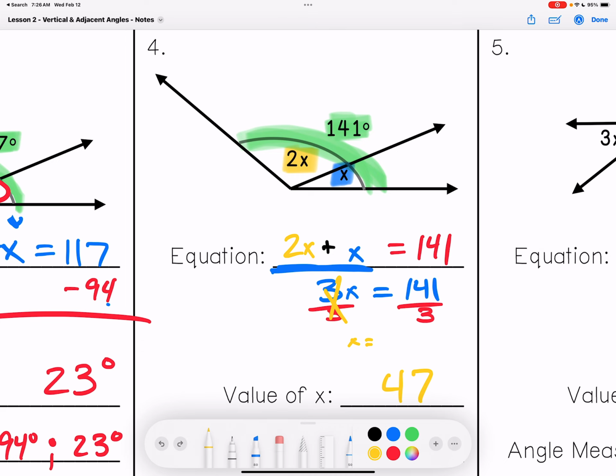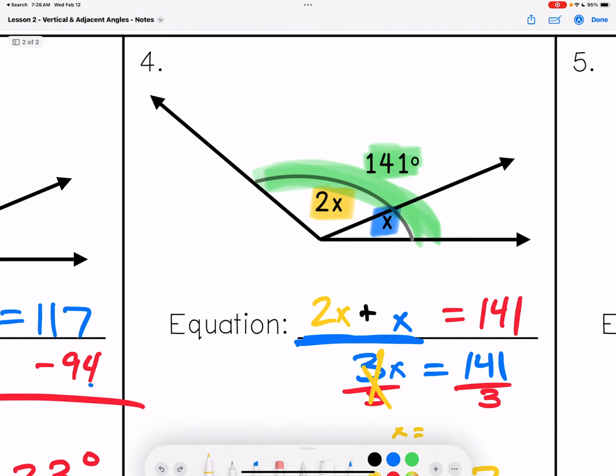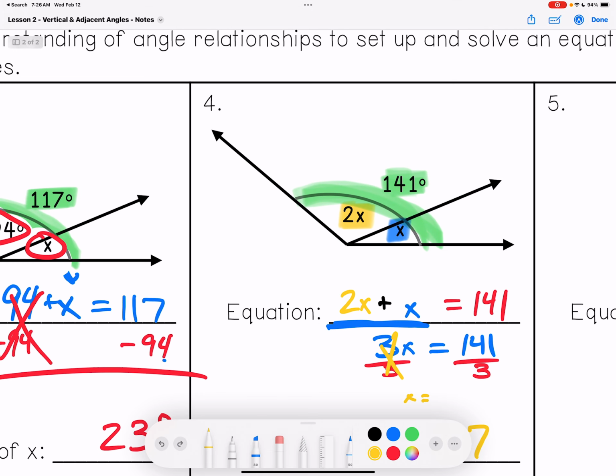Now, when I go back and plug 47 in for x, that's just 47. But now I want you to pay attention.